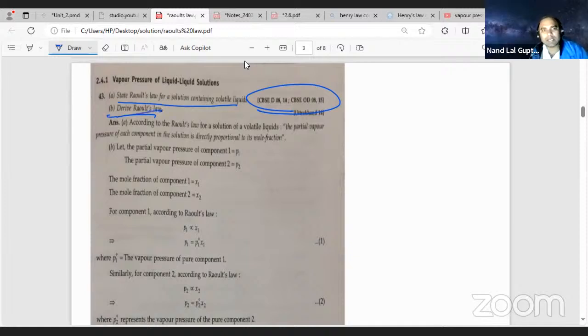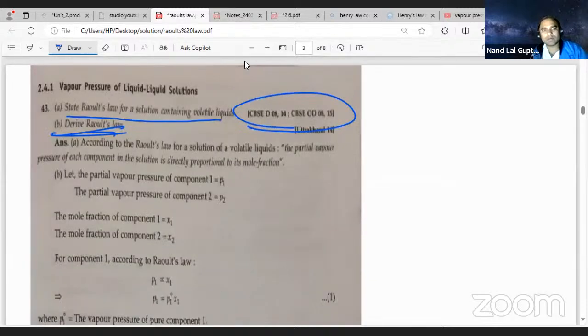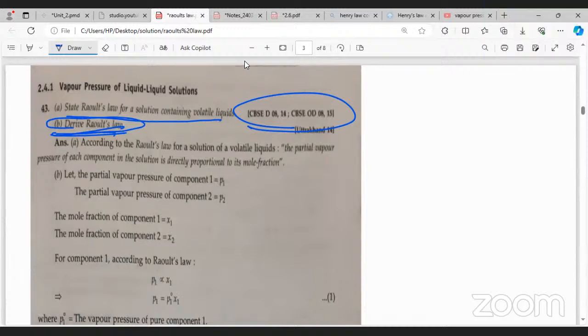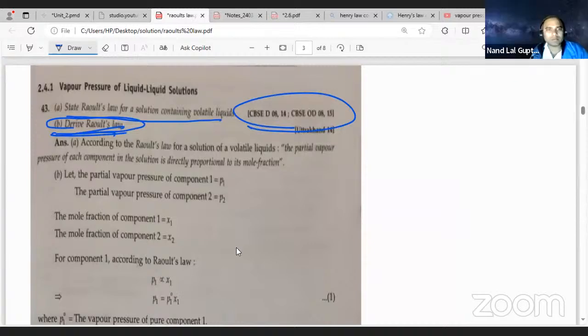So this is to derive Raoult's law. Don't worry, I will do it. Can you understand? Can you derive Raoult's law? Yes, sir. Okay, if you are saying so, then derive Raoult's law here.